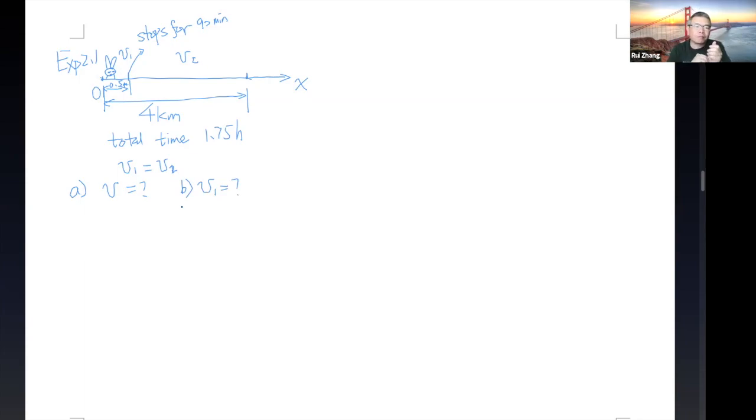Now you can go a little further to specify exactly what this means. First of all, this 4 kilometers certainly means the total displacement, so you can write delta x equals 4 kilometers. This 0.5 kilometer is your first displacement, delta x1 equals 0.5 kilometer.